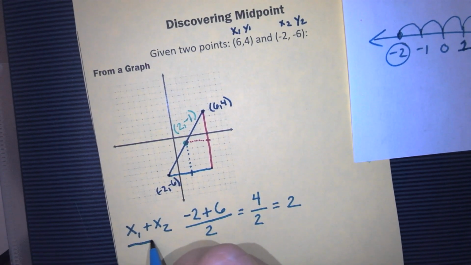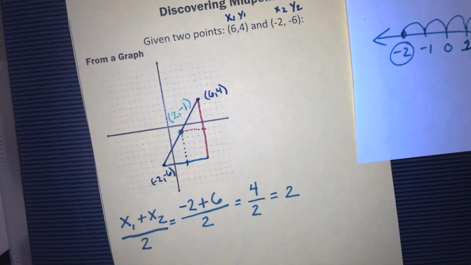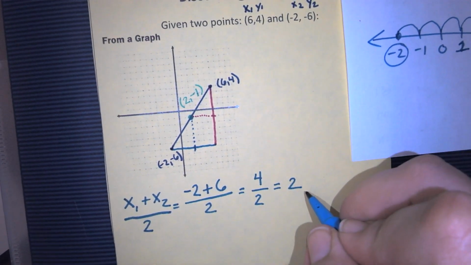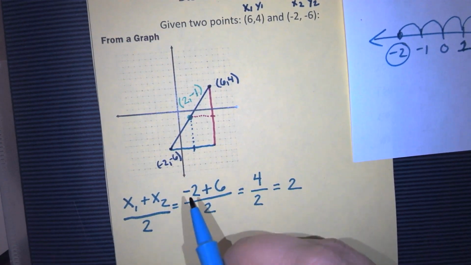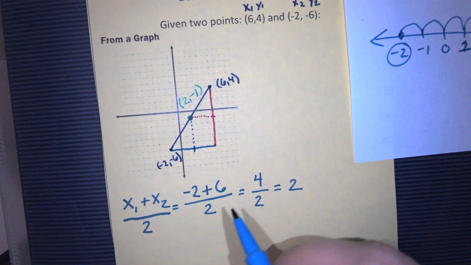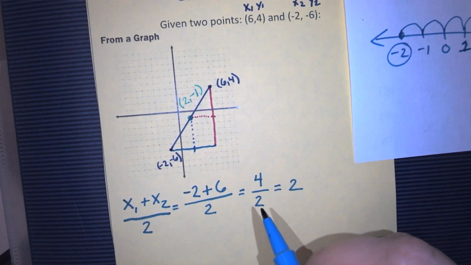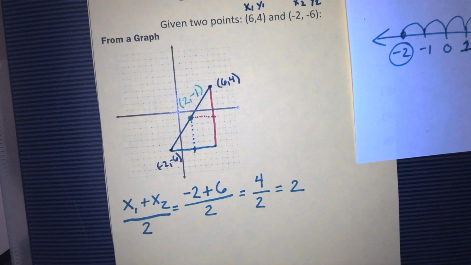And then once I had them added, I divided by 2. And that's how I got this. So here's part of our formula. To get the x part of the coordinate, this 2 that I got here, I have to average my x's. I have to find the mean. I have to add them up and divide by 2. So add them up, we get 4, divide by 2, we get 2. So this is the x coordinate of our midpoint.